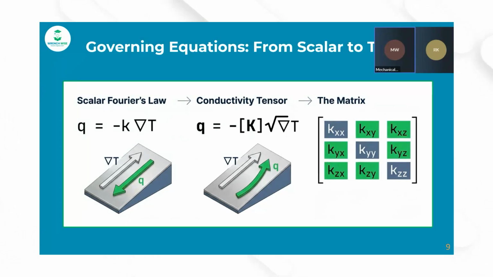This is fine for a uniform material like a solid block of aluminium, but it is insufficient for the complex layered structure of your battery. So that's where we move to the conductivity tensor here. Here the thermal conductivity is no longer a single number. Rather, it is replaced by a matrix. This mathematical shift essentially allows us to account for the fact that heat will always seek the path of least resistance.